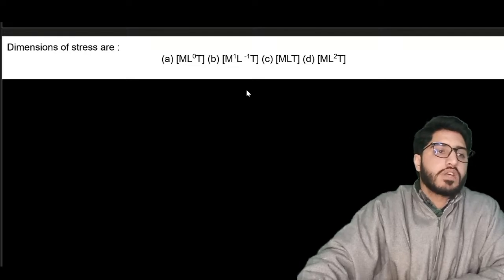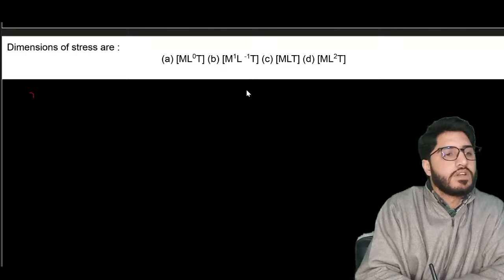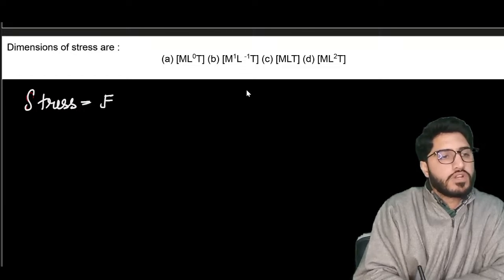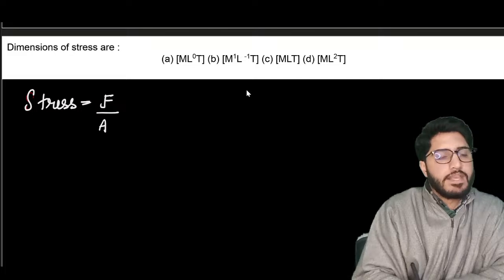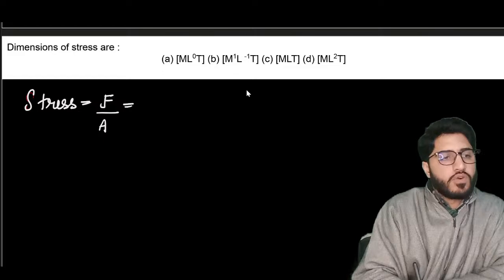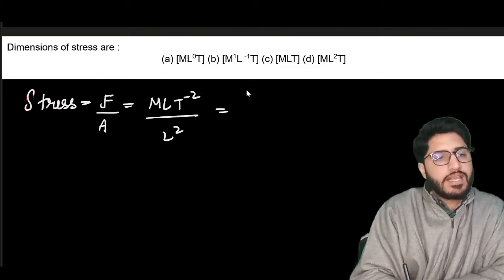So the dimensions of stress. What is stress? Stress is equal to force per unit area. We know it now. So what is force? It is MLT minus 2. What is area? Area is L2. So I can write M1 L1 T minus 2 divided by L2, that is L minus 2.